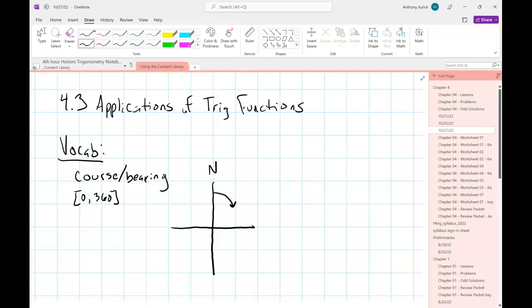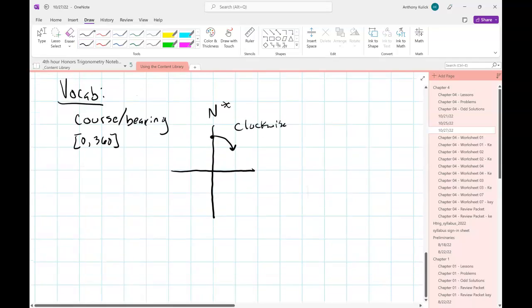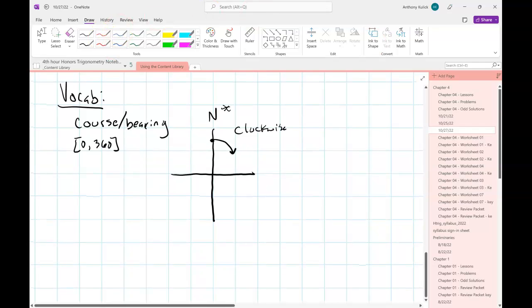There are no negative bearings or courses. They're always going the same direction. There are no angles bigger than 360. The key that you have to remember is starting at north and we're going clockwise. Okay? So let's just practice for a minute.